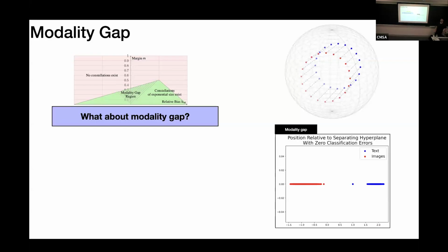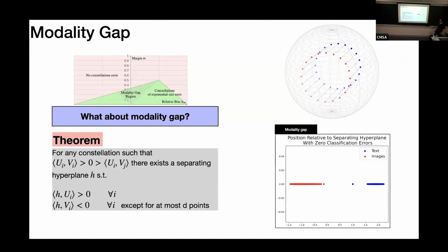Right. So what about the modality gap? This is a really fascinating phenomenon. Yeah, they're also for our specific construction. Okay, so what about the modality gap? Well, we have the following result.